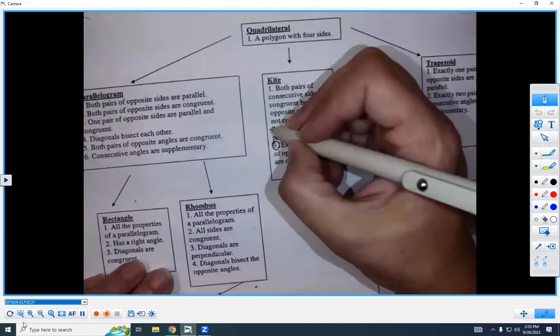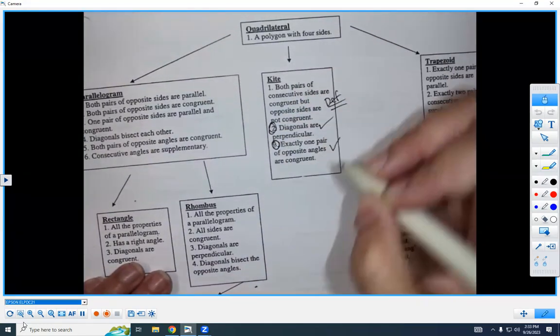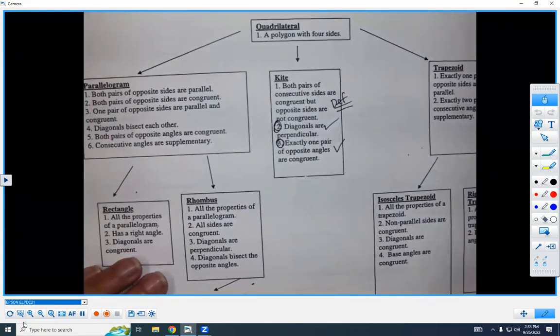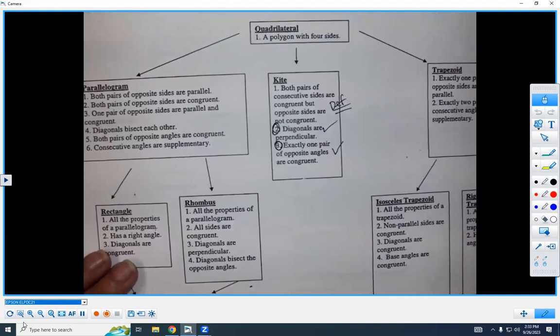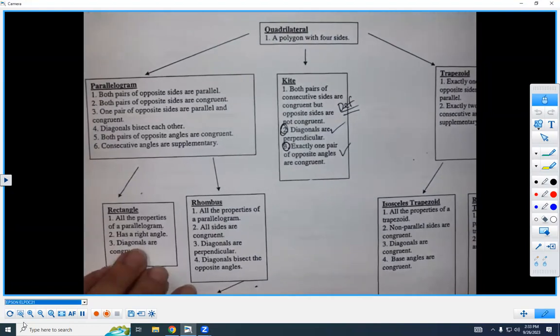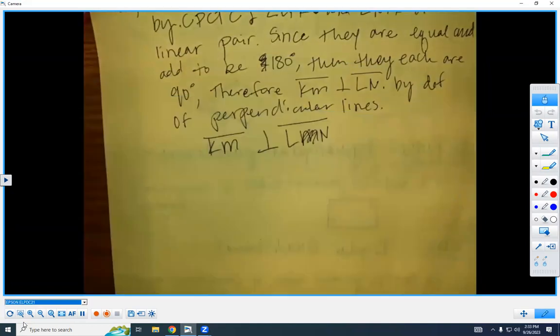So we just did this one: diagonals are perpendicular. I have a question. Yep.